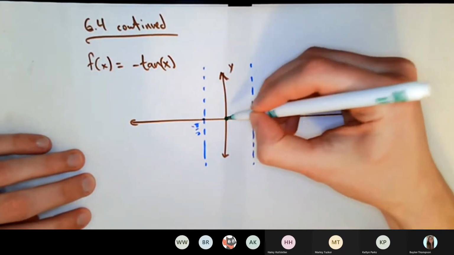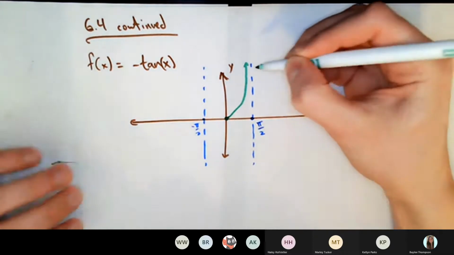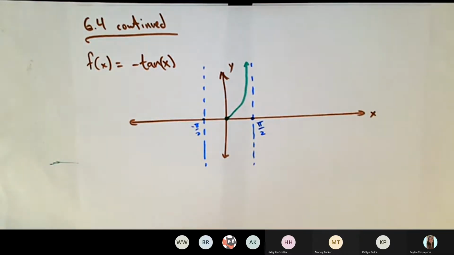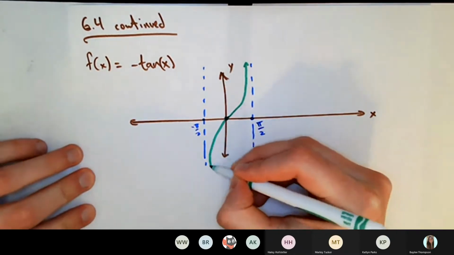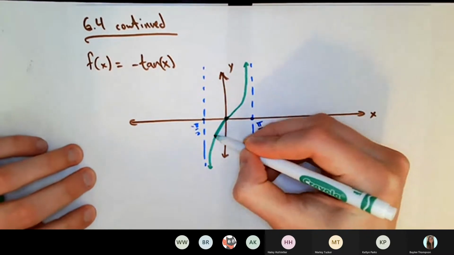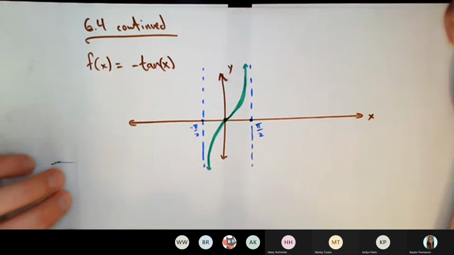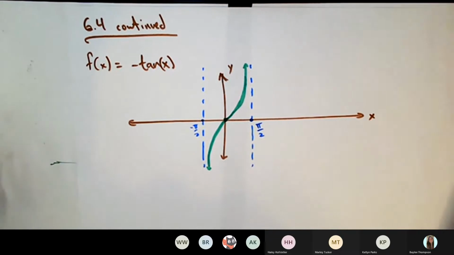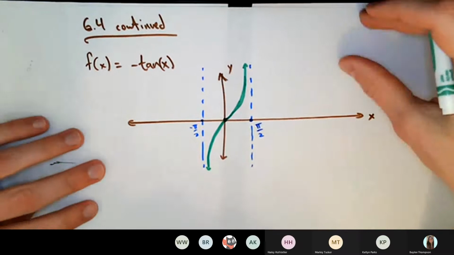And the tangent function will go like this. Excuse me, and we'll come down this way. It should be symmetric here, should be a little bit more curved here. I walked through the construction of the tangent function in last lecture, so I'm not going to go through why it looks like this.